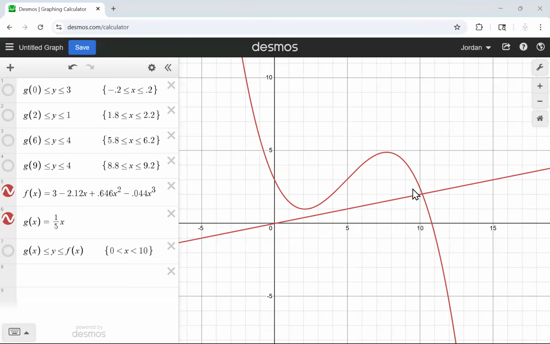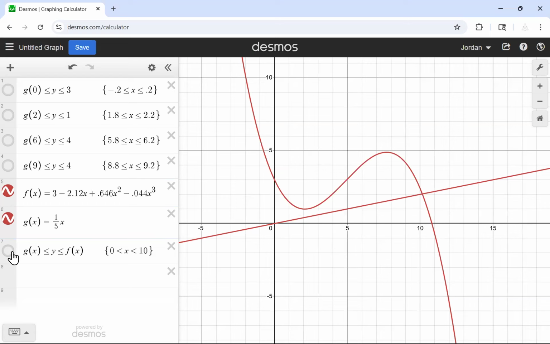So imagine I have a couple of curves in space. One is some weird cubic equation, and the other is a nice linear equation. The cubic equation is above the linear equation from essentially negative infinity up to just a little over 10.